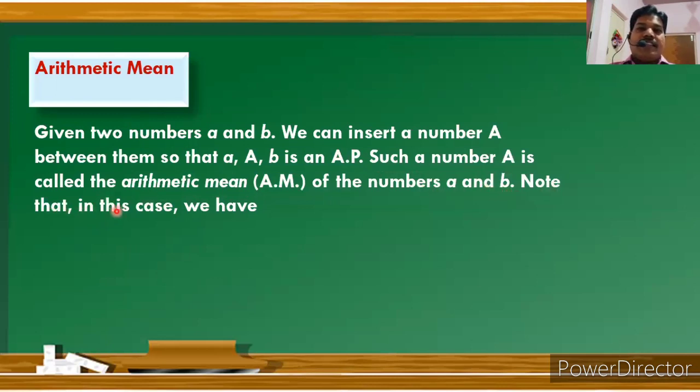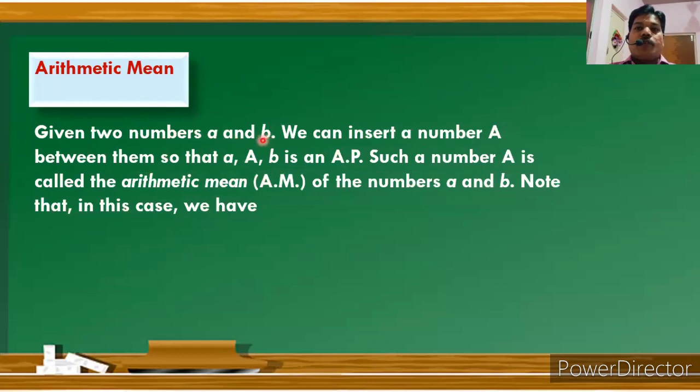Note that in this case we have, see these students first, what is the meaning of this one? If given two numbers a and b, we can insert a number A between them, so that a, A, b is an AP.